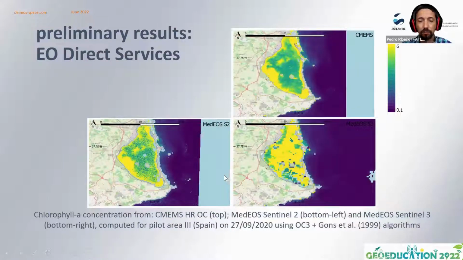This is another result. In this case, it is chlorophyll concentration for Mar Menor, an area in southeast Spain. As you can see, again, we have the product coming from Copernicus, a product coming from Sentinel-2, and a product coming from Sentinel-3, and you can see there are large differences between Sentinel-2 and Sentinel-3. This is due to the different reflectance levels that we have in different bands, and the band distribution, of course, with these sensors is different.